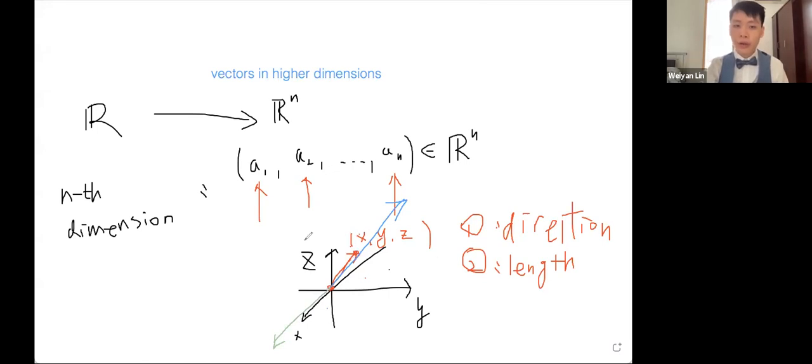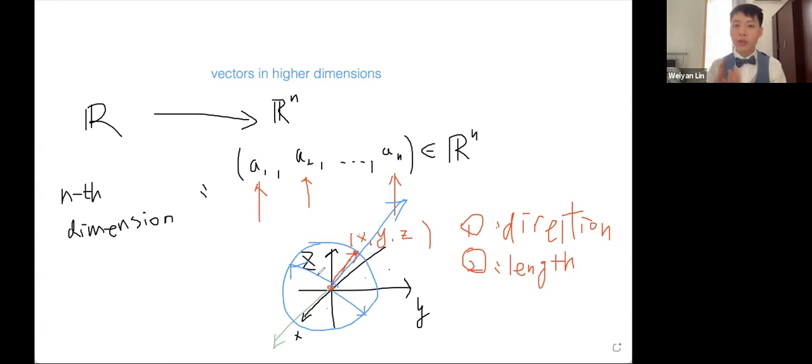A vector may also have the same length as this one, but not point in the same direction. If we draw a circle around the origin with this length, then every vector on this circle will have the same length. That's the definition of a circle. But as you can see, they point in different directions.